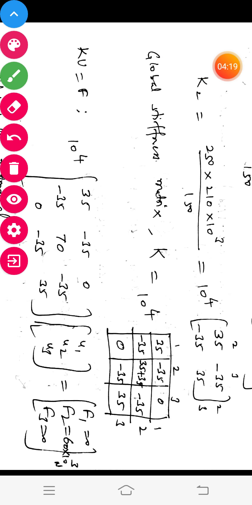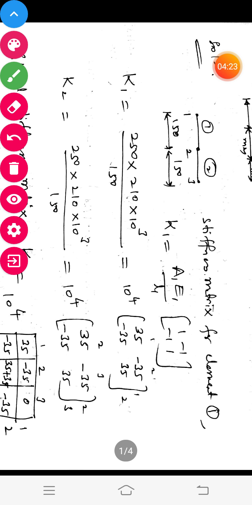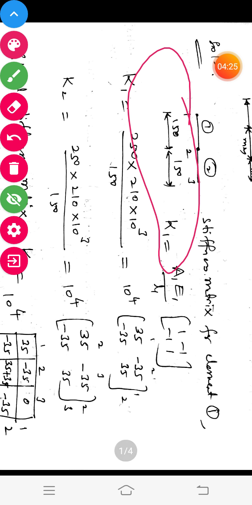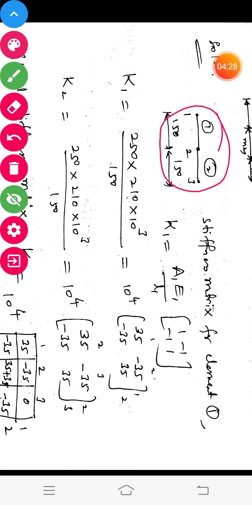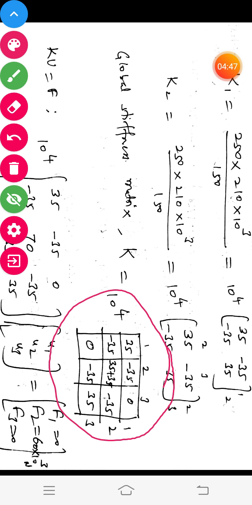Since the entire bar is made up of two elements having three nodes, there are three unknowns u1, u2, u3, that is 3 degrees of freedom. Hence the order of the global stiffness matrix will be 3 cross 3, so generate a grid of 3 rows and 3 columns.